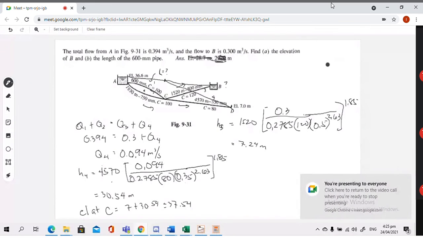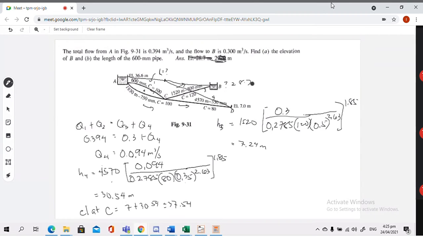If we check, this is 28.7, so 28.7 plus 7.24 is 35.94. So this should be 35.94.